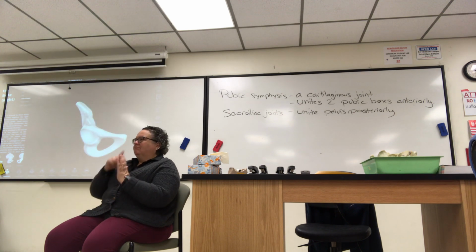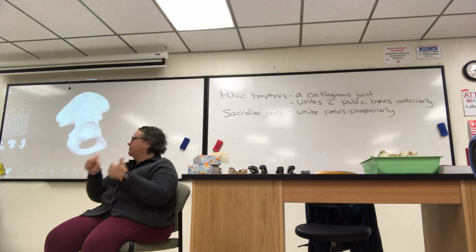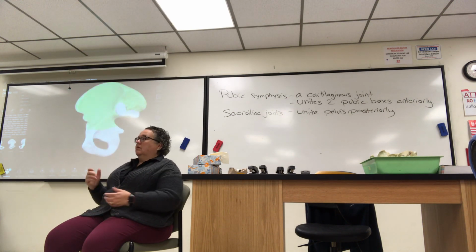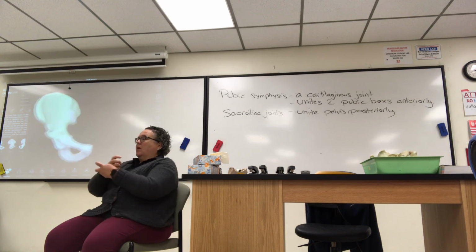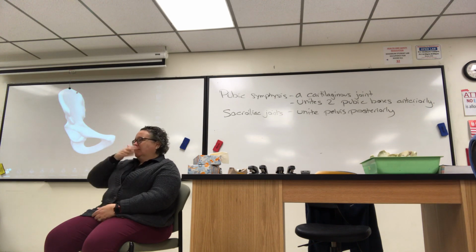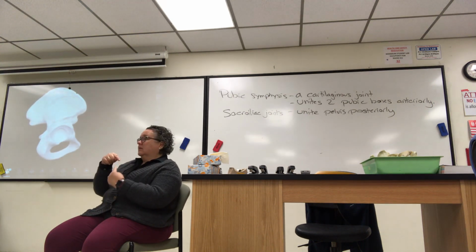Hide others. Okay, here we go. So this is one hip bone, and I'm rotating it using the app. That perspective is anterior. So watch me now. If this is anterior, I'm going to rotate it. What view is that?